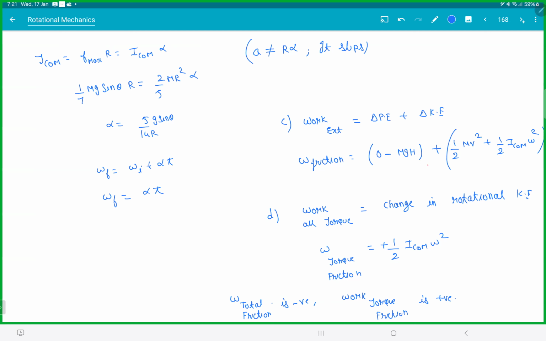Have a look at this. So we can actually write the general formulas also like this.